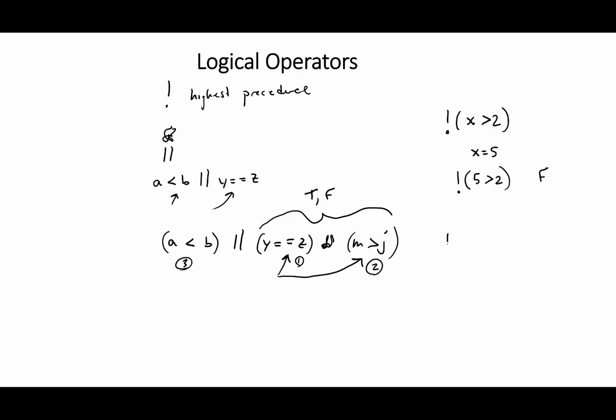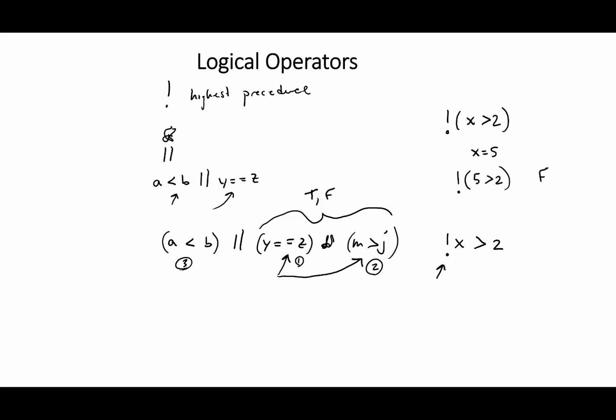accidentally, well, maybe we wanted to write it like this, but what if we accidentally wrote this like this? This looks really weird, but what it's going to do is this not operator takes the true or false and changes it to the opposite. Since x is equal to 5, remember anything like with the if statements, anything other than 0 it's going to consider true.